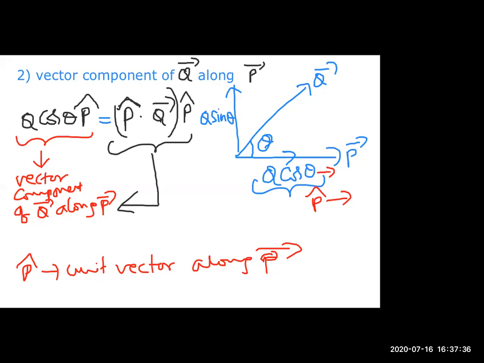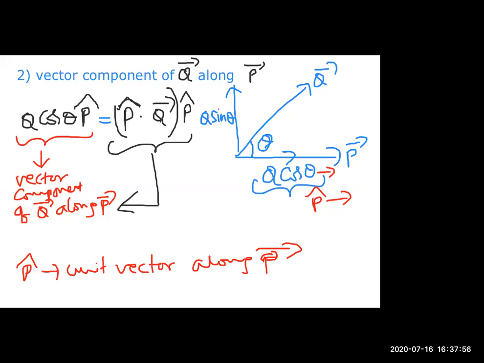What did we do here? We brought the Q cos theta value as P cap dot Q bar, and since P cap is the unit vector, we multiplied it here also. Like that we got the vector component of Q bar along P bar. I hope you are clear with this one.